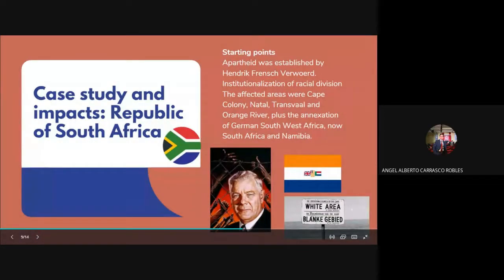Okay, now, for practical purposes, it is extremely necessary to consider one of the areas most affected by this process, which was the Union of South Africa, made up of various colonies such as the Cape, Transvaal, Orange River, among others. However, the fundamental problem, and that gave way to a strong process of racial division, was the institutionalization of this division.